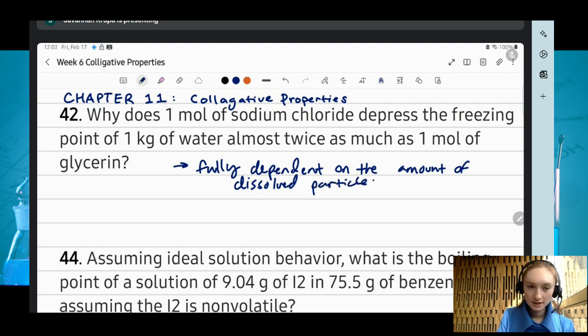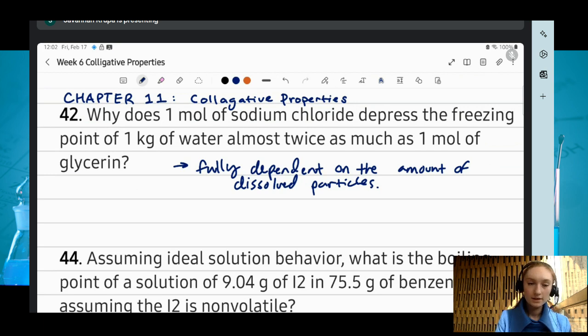Because it is fully dependent on the dissolved particles, and sodium chloride is ionic and dissolves into its ions in water, it's just ionic, period, and aqueous, so sodium is by itself, chloride is by itself in their ion form.